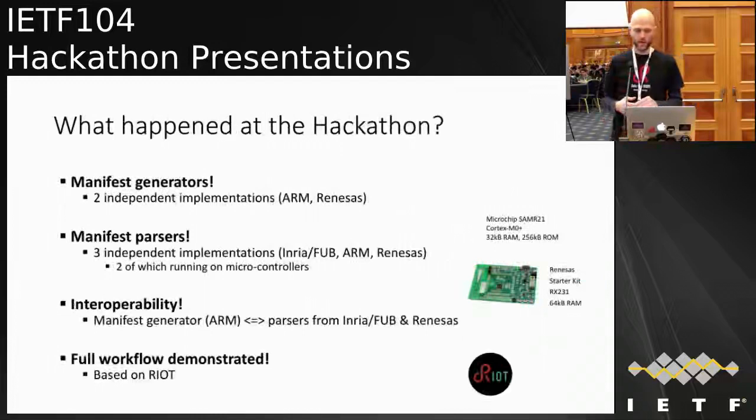We actually have now two independent implementations of a generator for this metadata, one from ARM, one from Renesas. We also have new parsers, so we have three independent implementations of parsers, two of which are actually running on actual IoT devices, so small microcontrollers of between class 0 and class 1, and class 1 and class 2 types of devices.